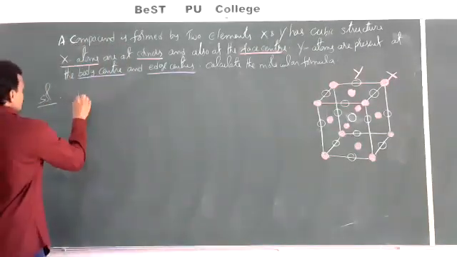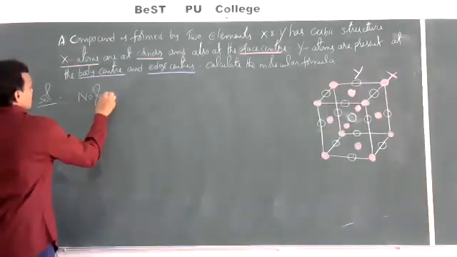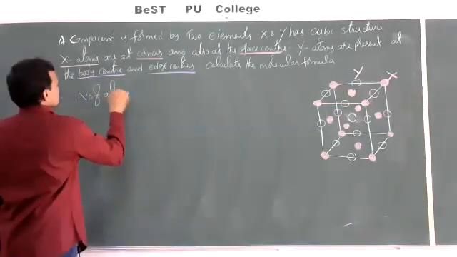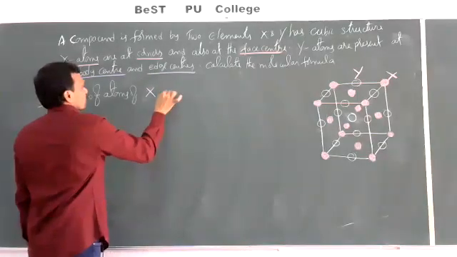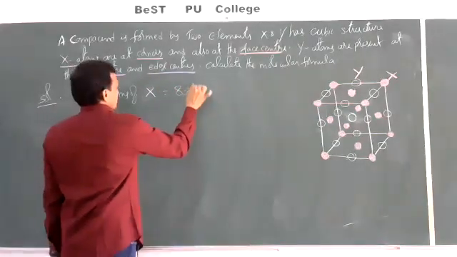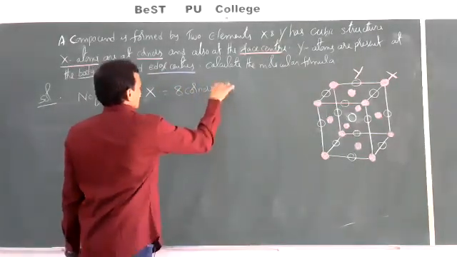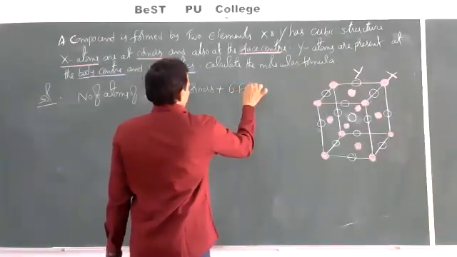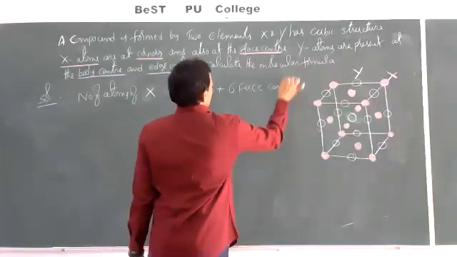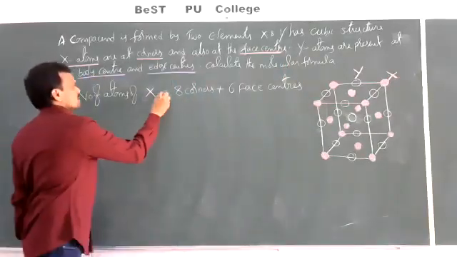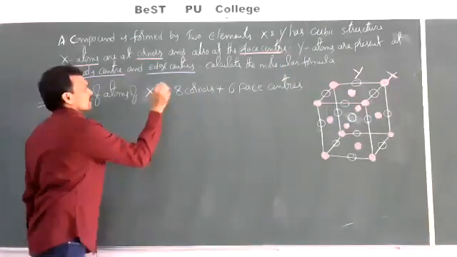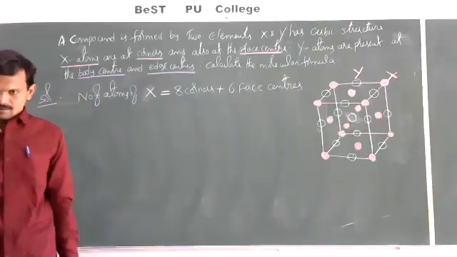First, I will calculate the number of atoms of X. What is the location? 8 corners plus 6 face centers. So atoms of X are present at 8 corners and 6 face centers.